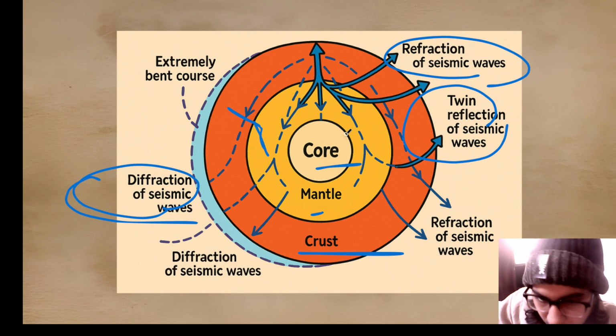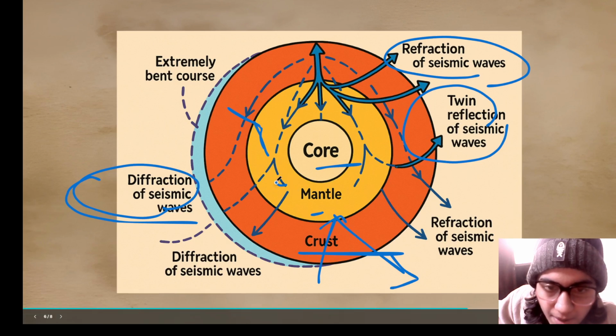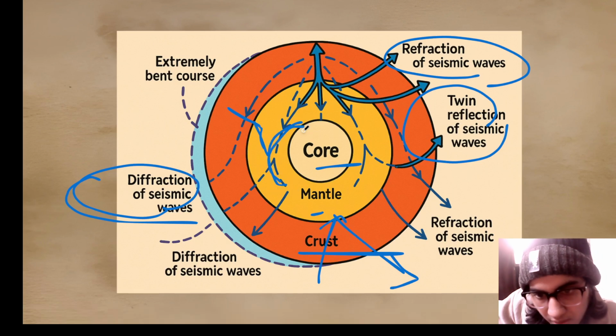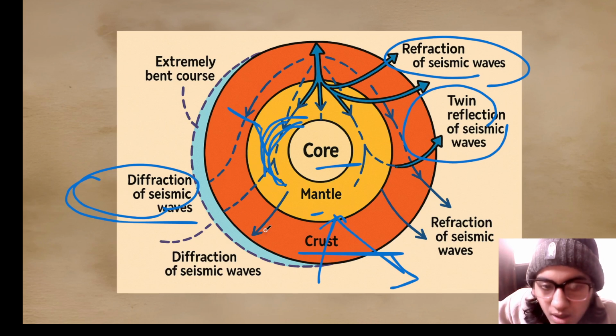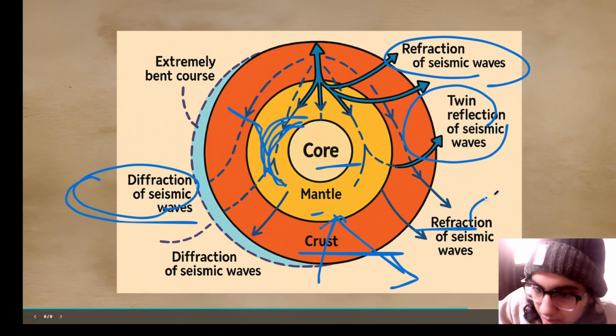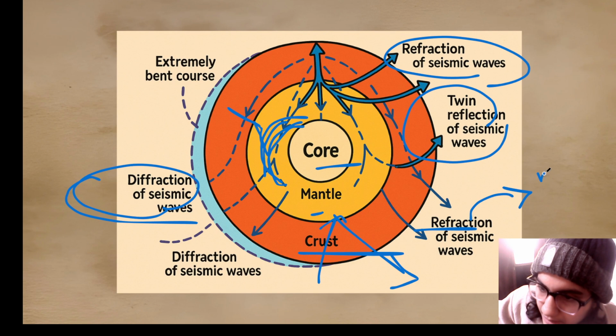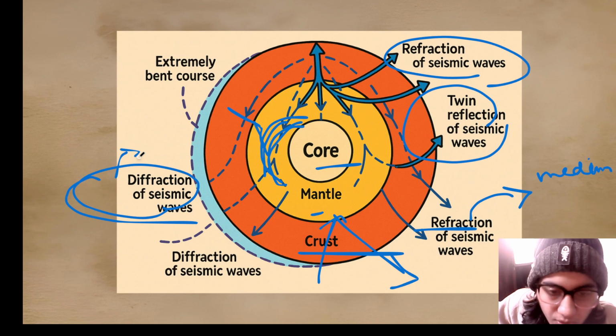Reflection, as you have studied in junior classes, is like how light reflects. And diffraction is basically bending. As you can see, these waves are bending here, so here the diffraction is happening. Refraction happens when it changes the medium, and diffraction happens when it meets an obstacle, like rivers, valleys, mountains, etc.